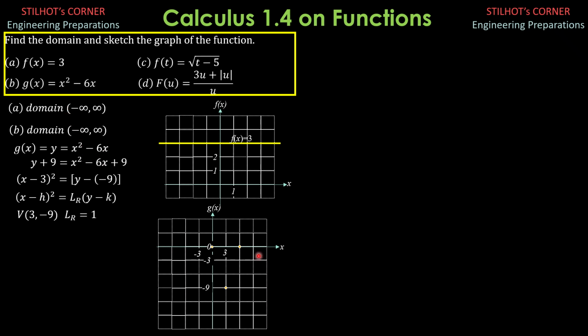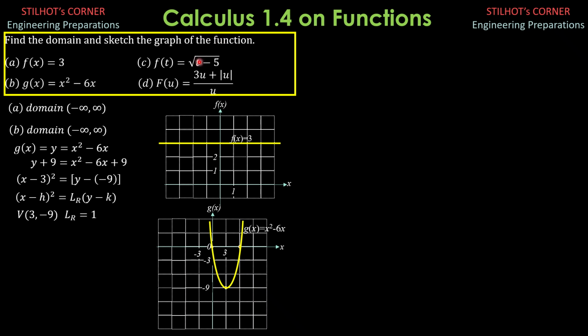When x is 9, 9 squared minus 6 times 9, it's also 27, positive 27, which is above. So therefore, we just connect these 3 points with a smooth curve, and remember it is a parabola that is open upward as shown in the figure. So that's g of x equals x squared minus 6x.